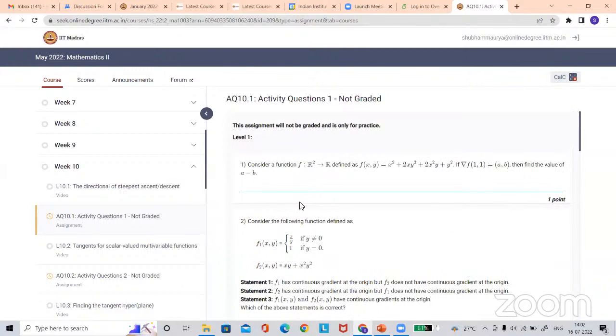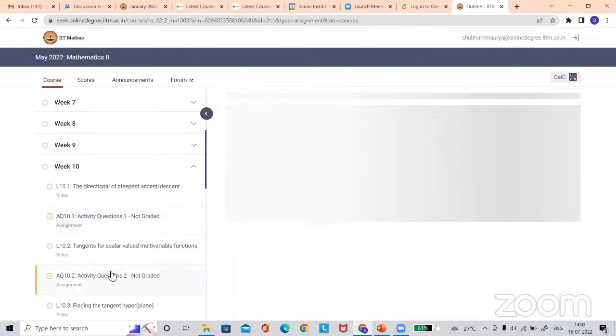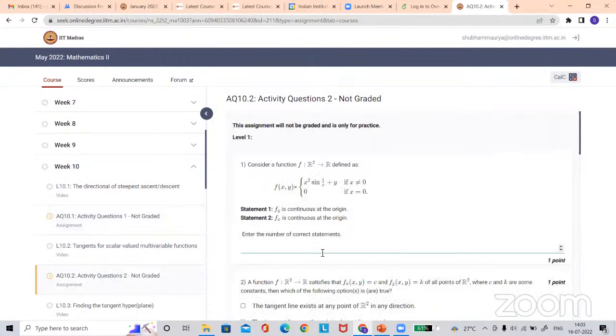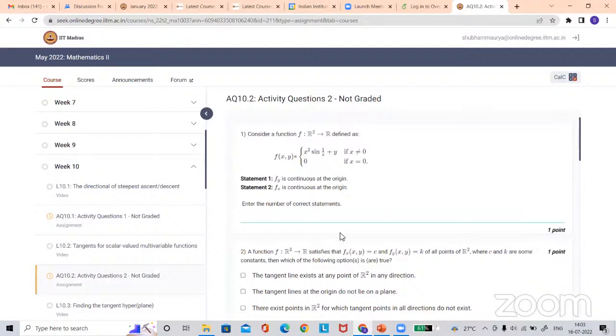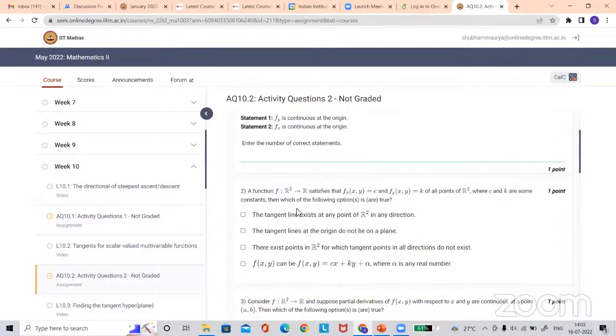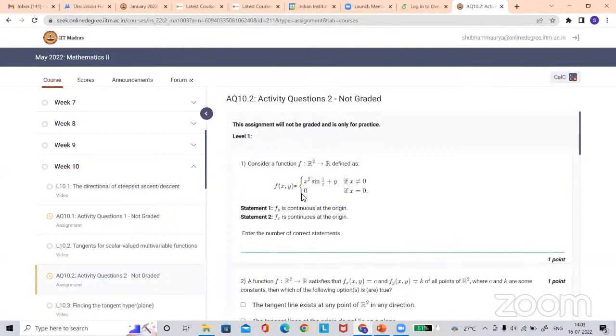Okay, so consider a function, and the gradient of the function is given at (1, 1). Sorry, 10.2, not 10.1. So the second question. No, the first one. I was not able to check.